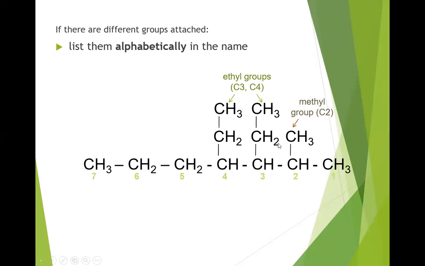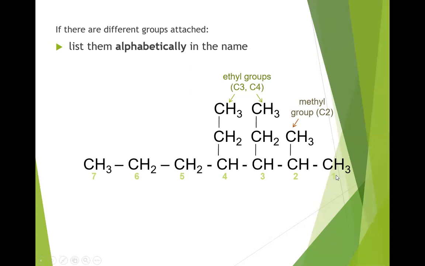We have 3 different substituents on it. The first substituent is the methyl group on carbon number 2. The second substituent is the ethyl group. Remember, the ethyl group is CH2CH3, meaning C2H5. Now, the second ethyl group, which is the third substituent, is on carbon number 4. Why are we numbering from here?